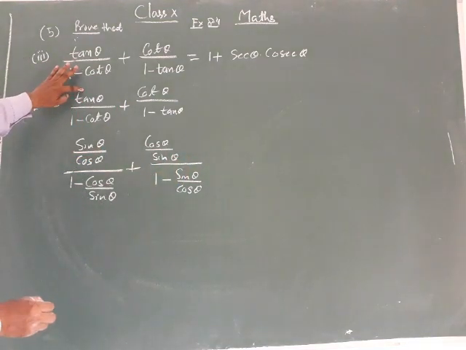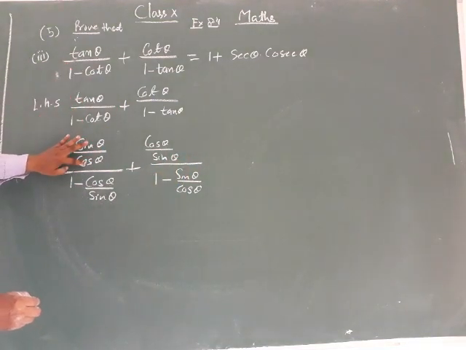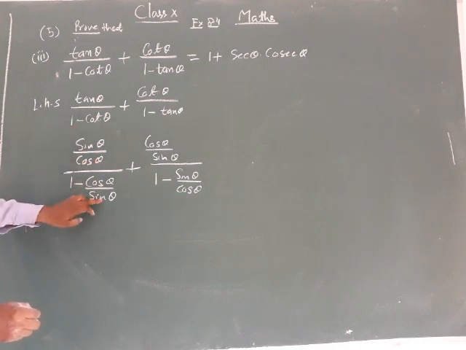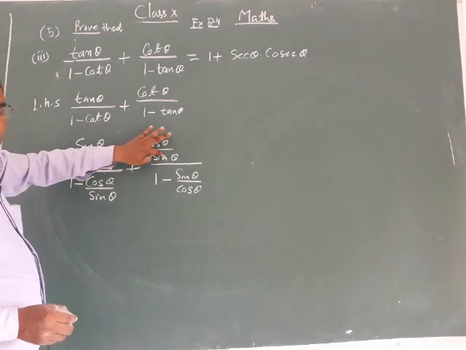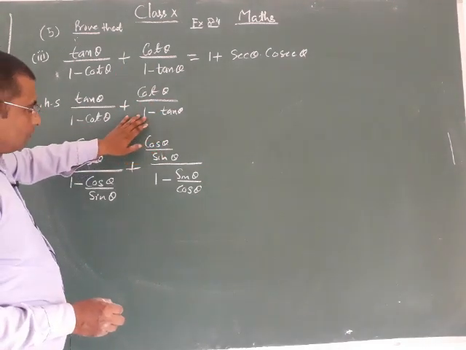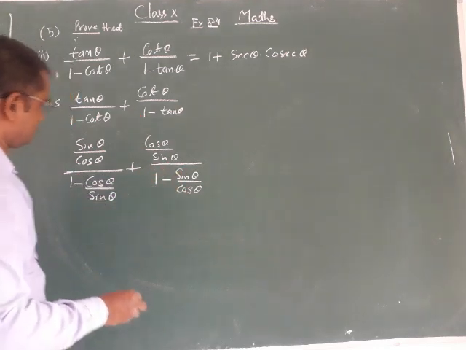So tan theta is equal to sin theta upon cos theta, upon 1 minus cos theta upon sin theta, and also cot theta is equal to cos theta upon sin theta, upon 1 minus sin theta upon cos theta.